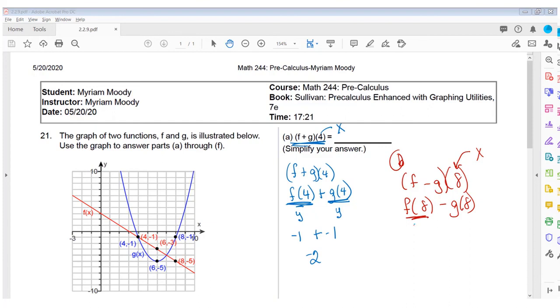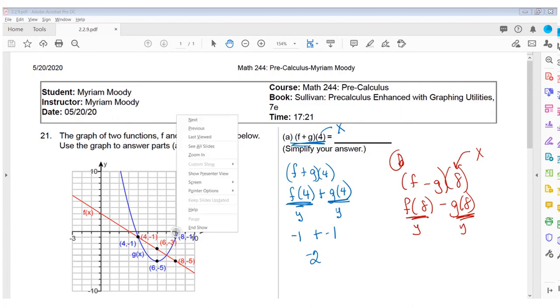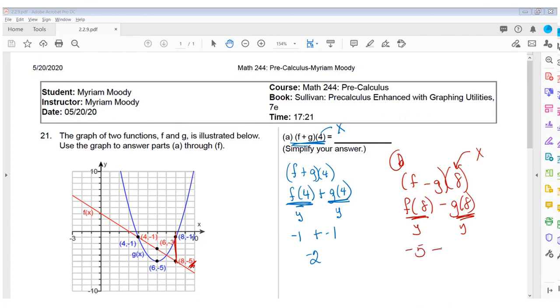And this is a y for f, and I'm trying to find the y for the g. So look at the red line. When x is 8, the red line says y is negative 5. And according to the blue graph, when x is 8, y is negative 1. So it looks like I have negative 5 plus 1, which would be negative 4.